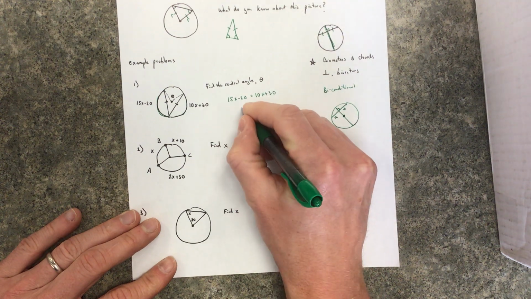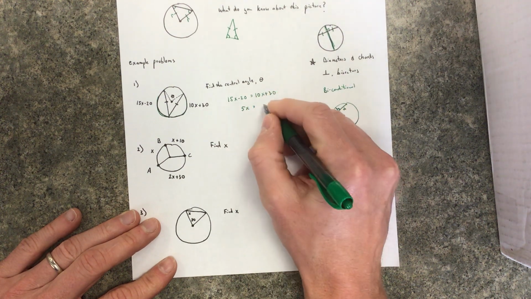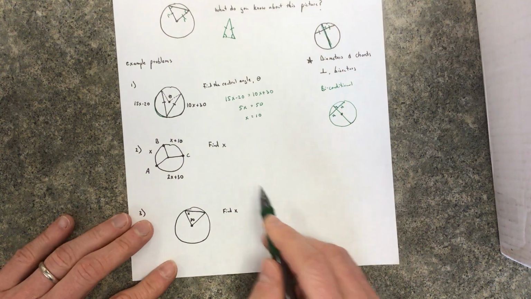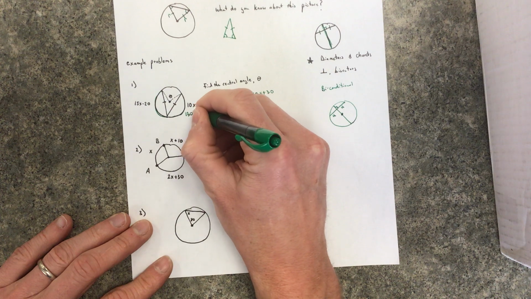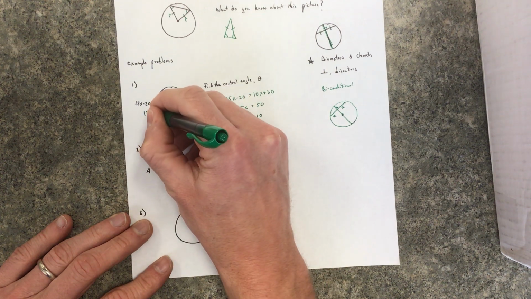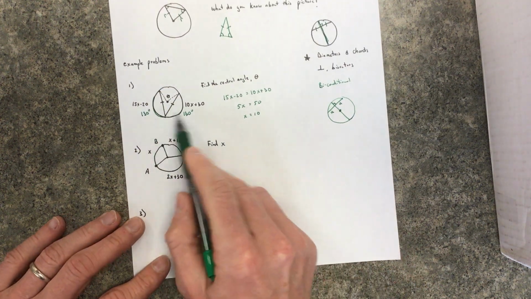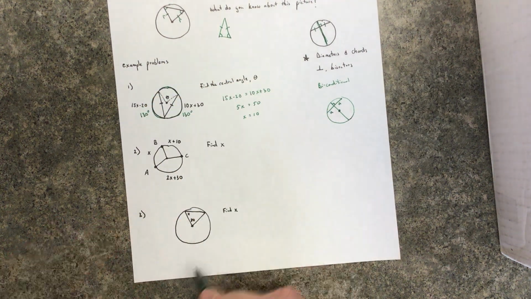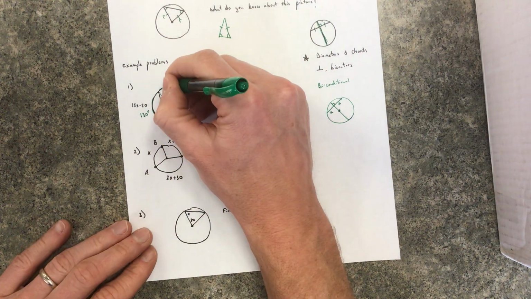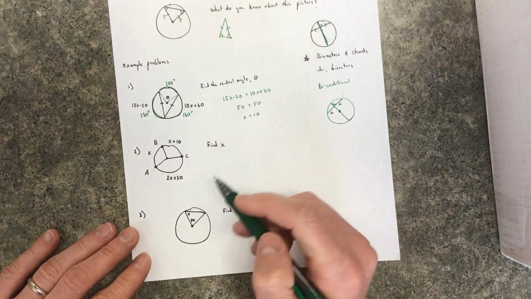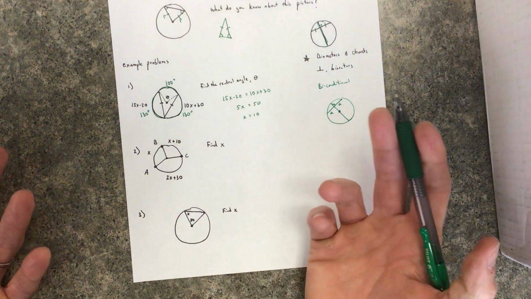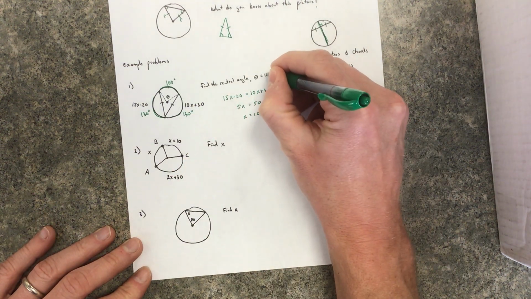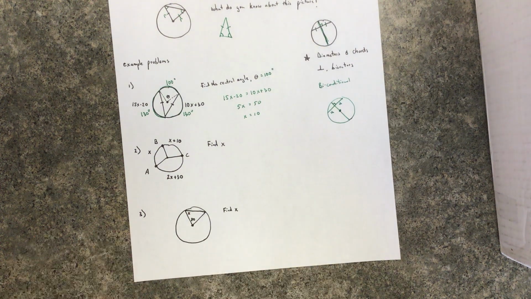So I'm going to move the 10x over there and get 5x. I'm going to move the 20 over there and get 50. I'm going to get x equals 10. But if x equals 10, that means that's 130 degrees. But if that's 130 degrees, what's this guy? Well, 130 and 130 make 260. Well, that's got to be 100 degrees. But if that's 100 degrees, what's the central angle? Oh, yeah, right. The arc and the central angle are the same, so that central angle has to be exactly 100 degrees.